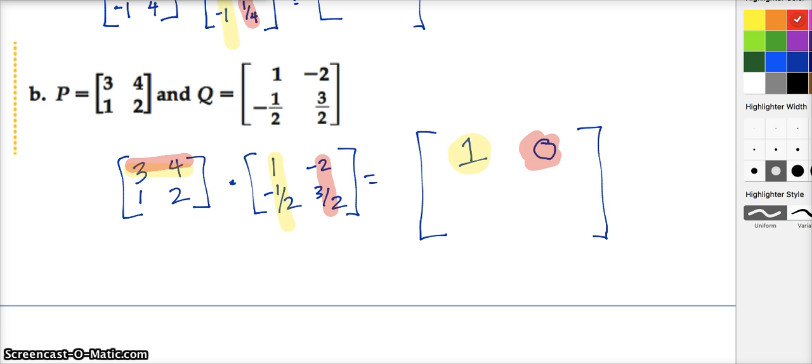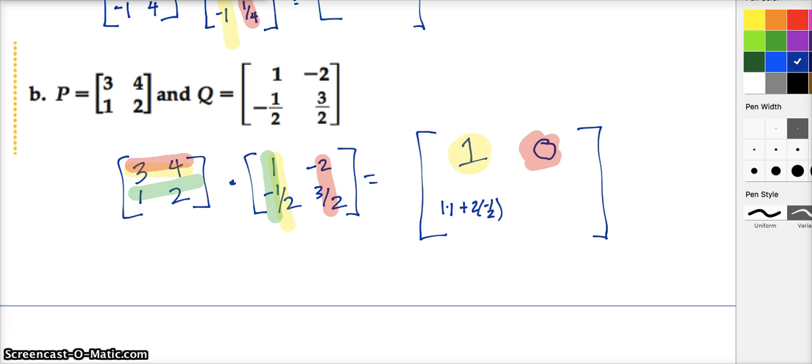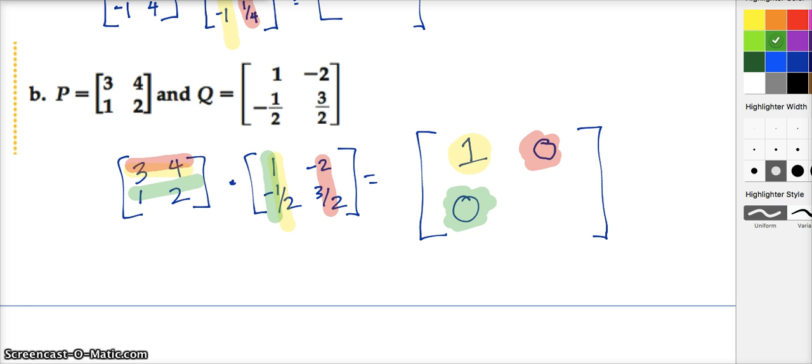Let's go ahead and do more. 1 times 1 is going to give us this one here, plus 2 times a -1/2. We'll go here, and we know 1 times 1 is 1, 2 times a -1/2 is a -1. It's looking good for us, guys. It really looks like we're about to get our identity matrix, because that 0 there is just what we need. Let's find the last one.